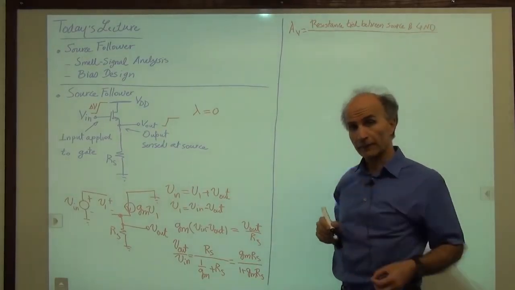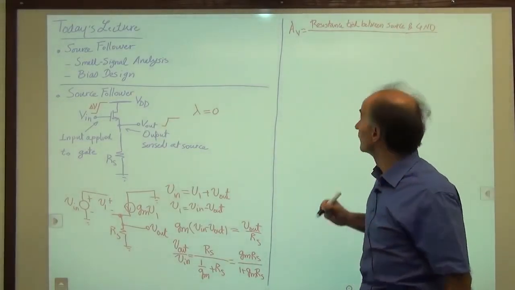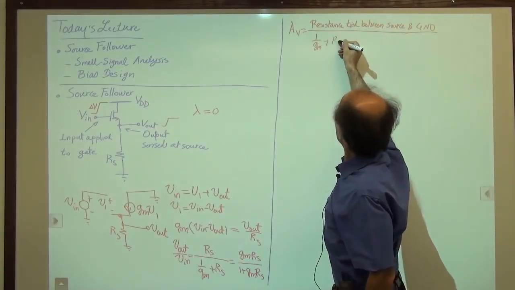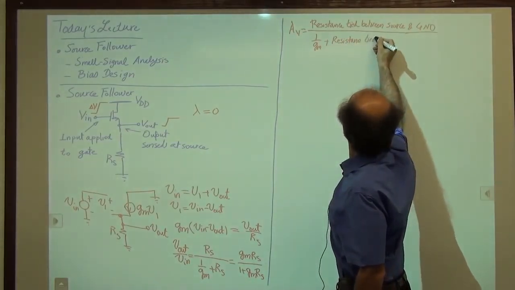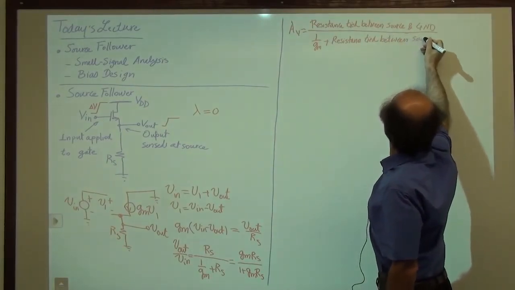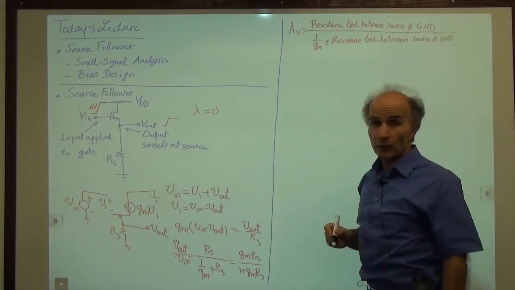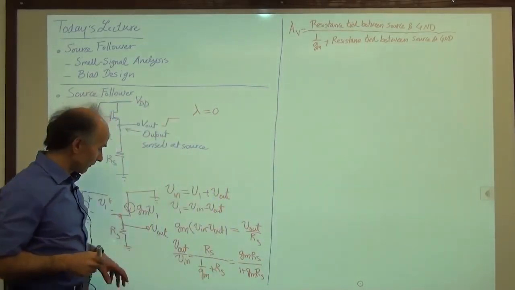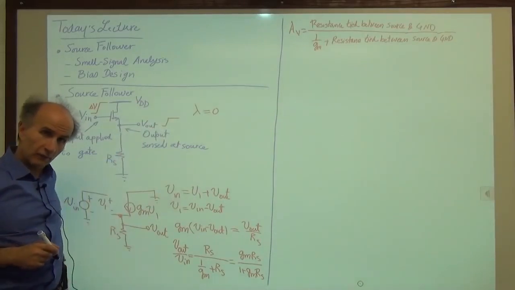So that goes in the numerator. In the denominator, we have the same value plus 1 over Gm. So we can say 1 over Gm plus the resistance tied between source and ground. So that's a good way of memorizing the voltage gain of a source follower. Regardless of how complex these values could be, we can always use that equation to write the voltage gain quickly.